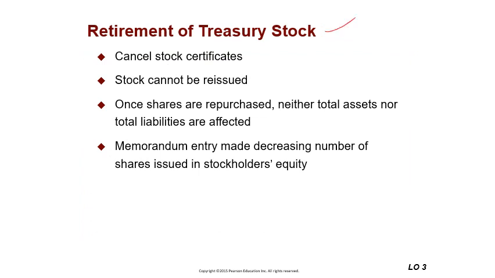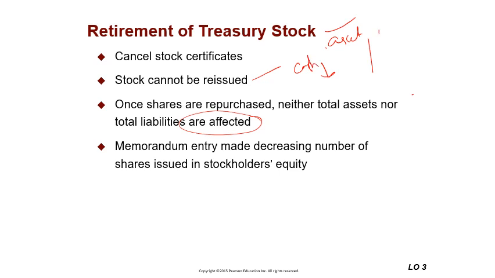So, retirement of treasury stock. It cancels the stock certificates when you repurchase your stocks. So you cancel those stocks, and they cannot be reissued. Once shares are repurchased, neither total assets nor total liabilities are affected. Why? Because on the asset side, cash decreases.